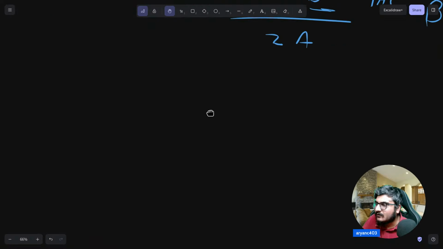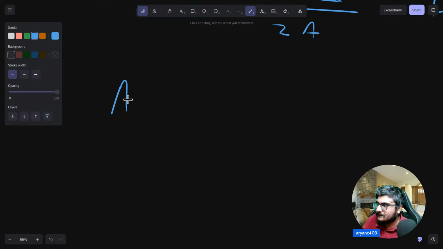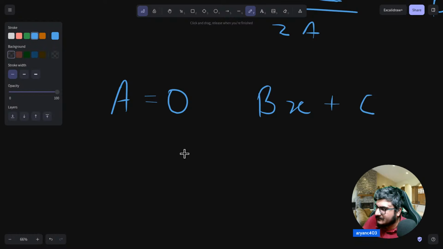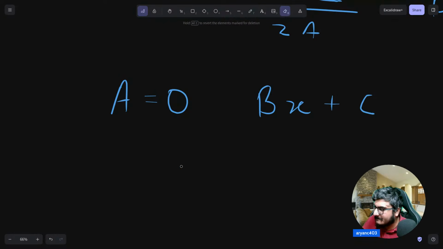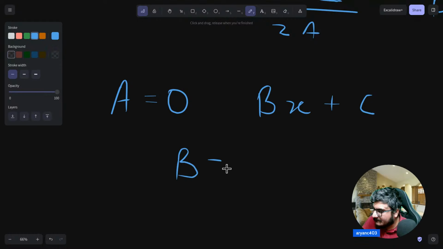Or if a is equal to 0, then the equation becomes bx plus c. Then if b is 0 and c is also 0, whatever you choose, these are essentially the same equations.